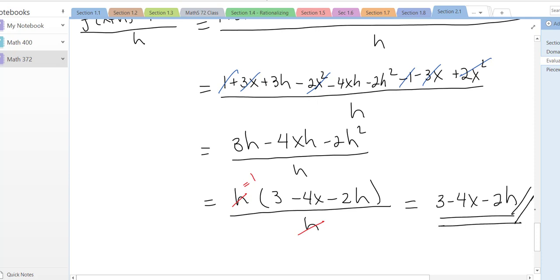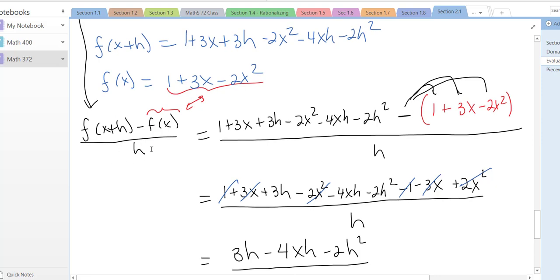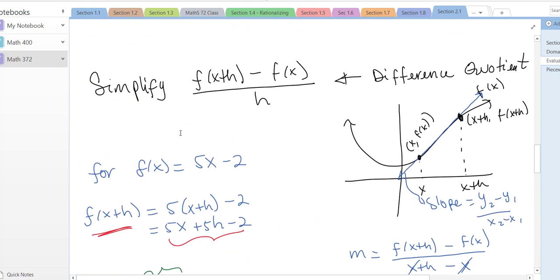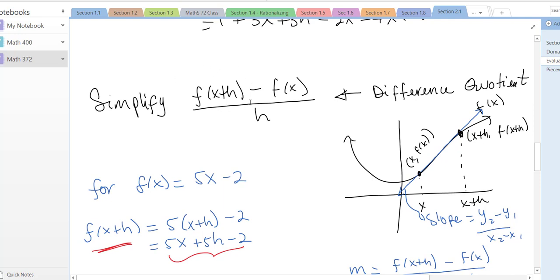So the difference quotient is something that's going to come up quite a bit. To simplify it, the goal is to cancel this h on the bottom, the original h that shows up in your difference quotient. And again, just to go back up to the top, the difference quotient is really giving you the rate of change of the function between 2 points.